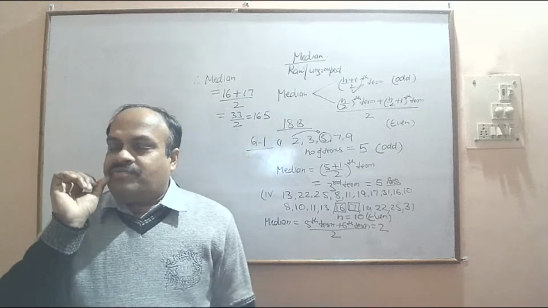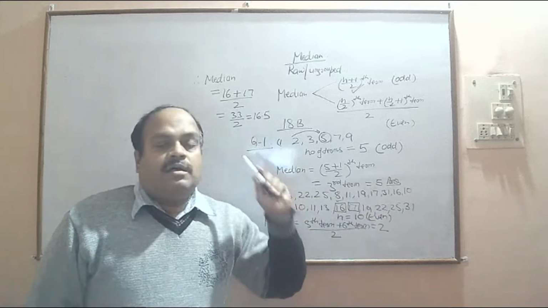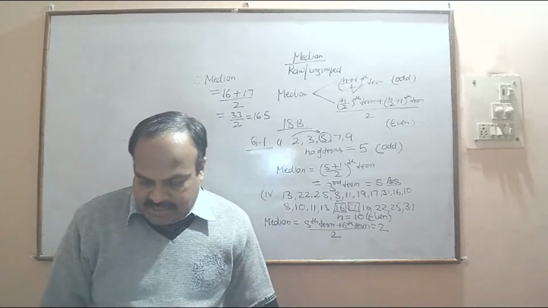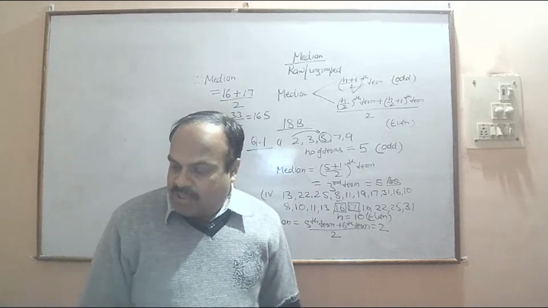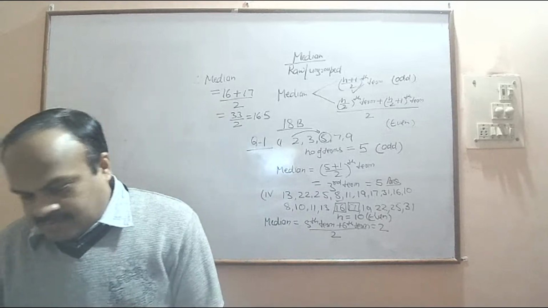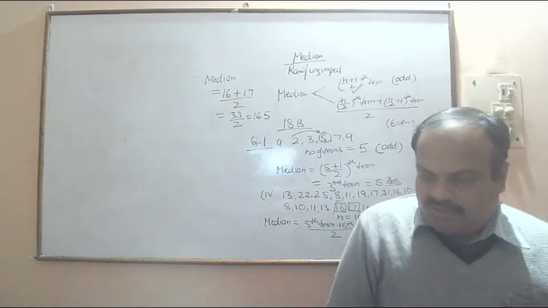So 16.5 will be the median of this raw data. Let us go for the sixth part of question number 1.